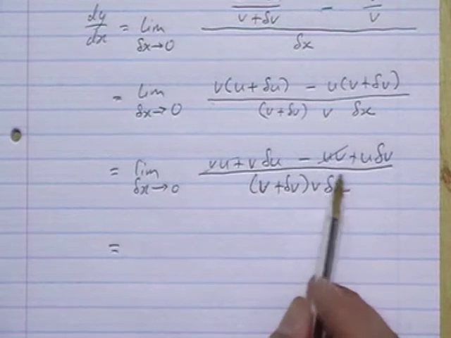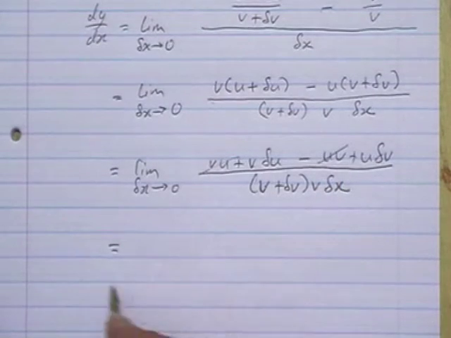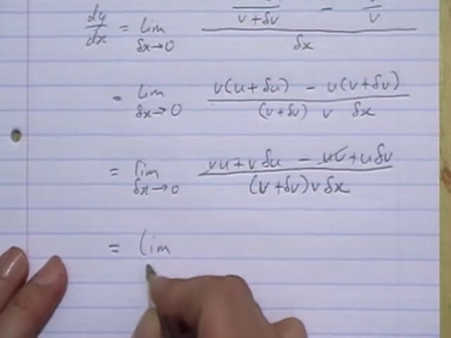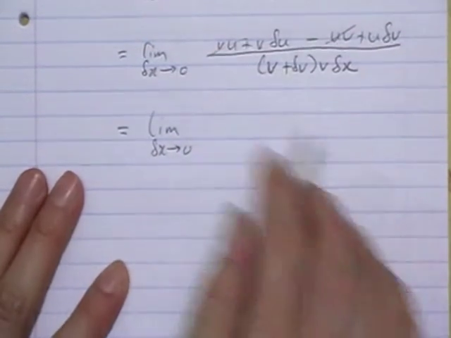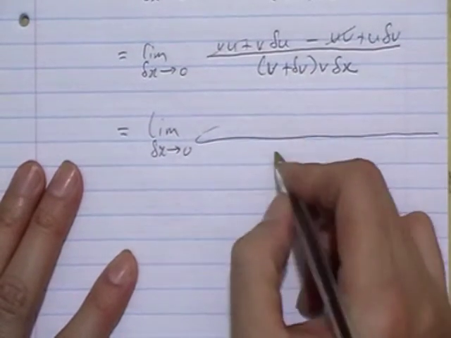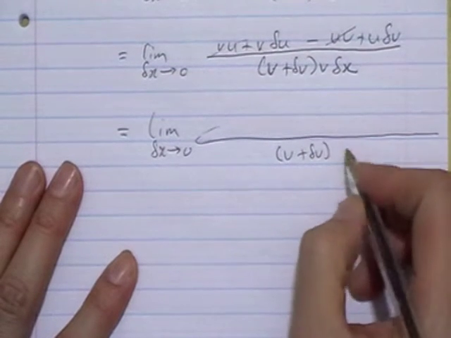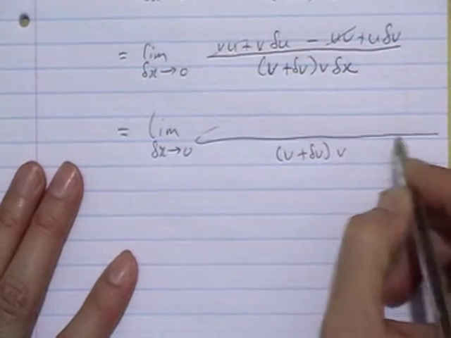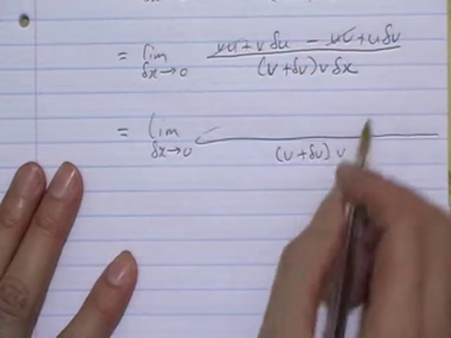Now let's move delta x to the top and form the two fractions on top, to make it look more like what we want to prove. At the bottom, then, we are left with v plus delta v times v. And on the top, right, those two have cancelled.